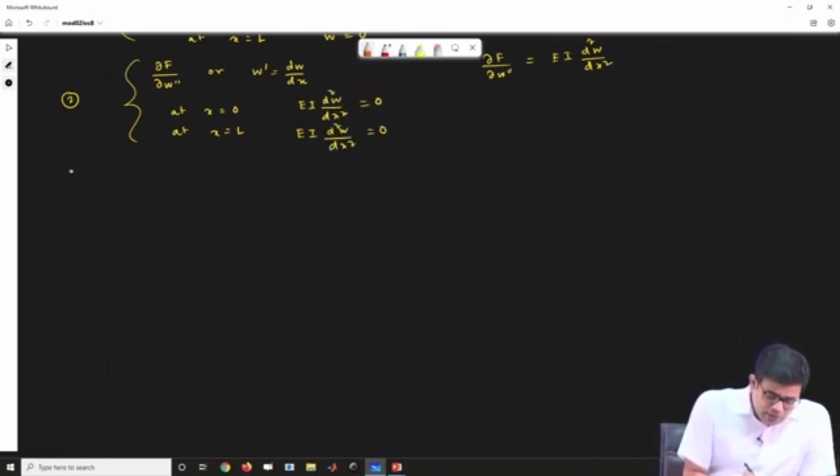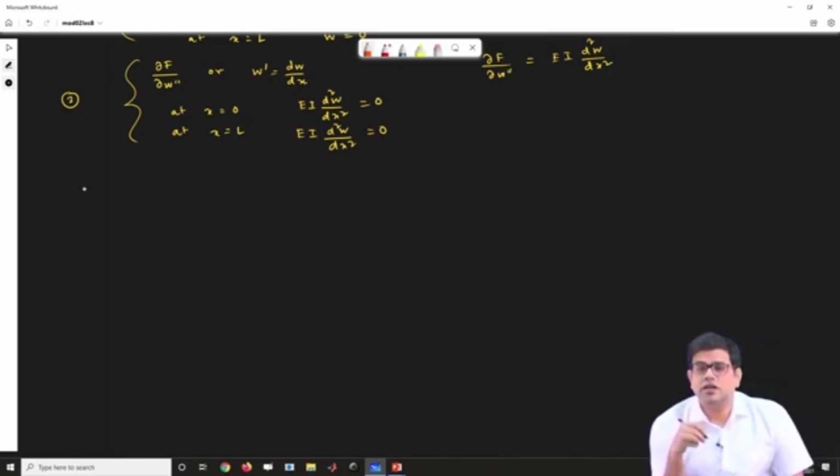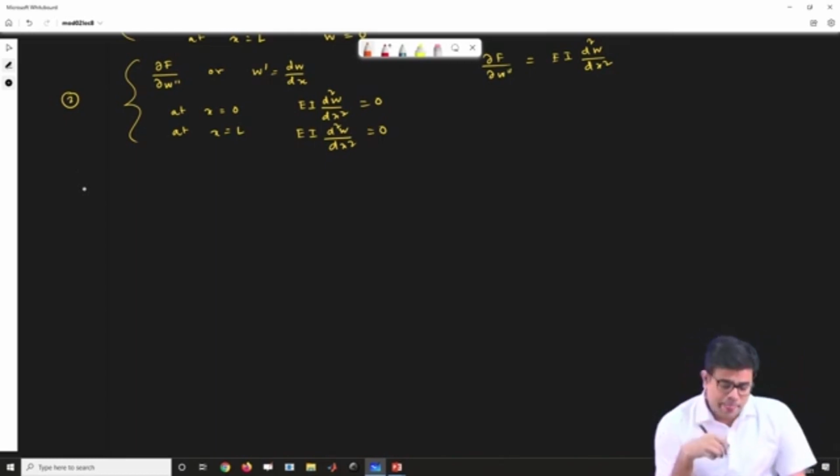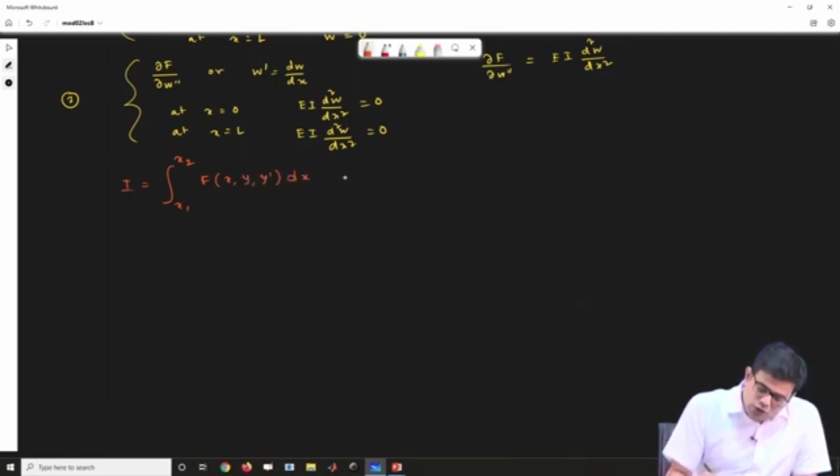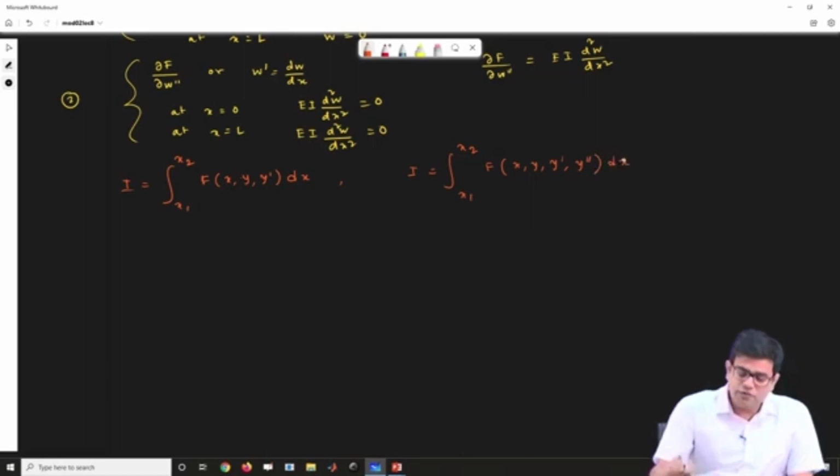We have seen the first variation of the functional, of this kind: I equals integral x1 to x2 of f of x, y, y prime dx, and also I of this form that we have just now studied, integral x1 to x2 of f of x, y, y prime and y double prime. So, we know what is the Euler-Lagrange equation for these two functionals.